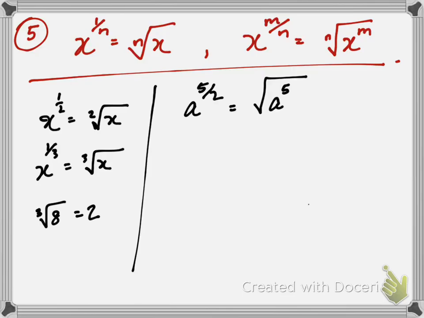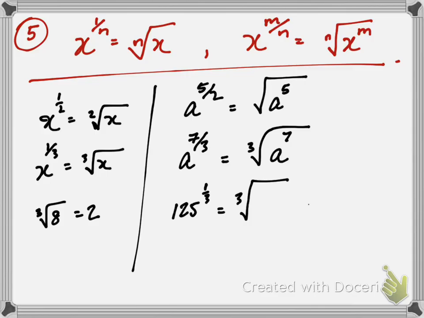So square root of a to the power 5. How about a to the power 7 over 3? That means a to the power 7, cube root. Cool. So you can flip from one to the other. If you have a number, for example, 125 to the power 1/3, it can be written as the cube root of 125, which will give you 5.